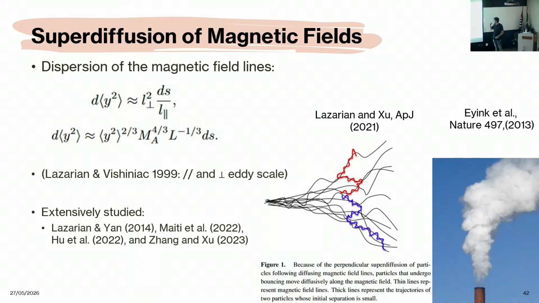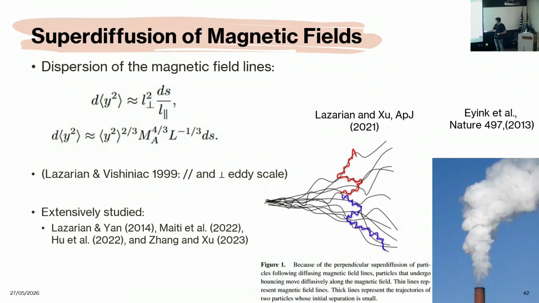So we need another thing that we call the super diffusion of the magnetic fields. The idea here is that due to turbulence, the magnetic field lines will reconnect and change, and will be affected by this movement of the gas, and we start to see something like this.